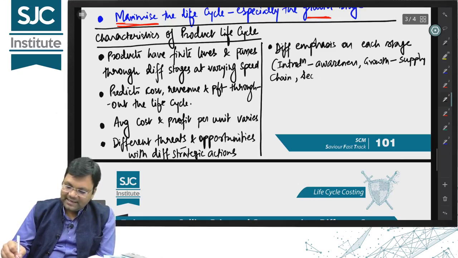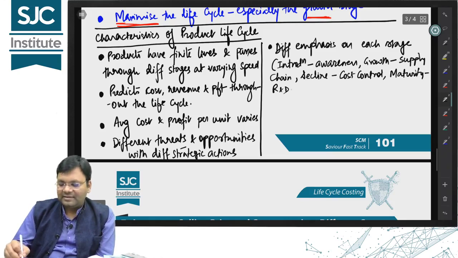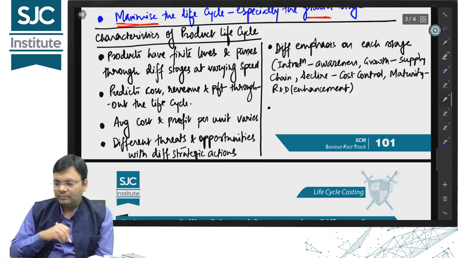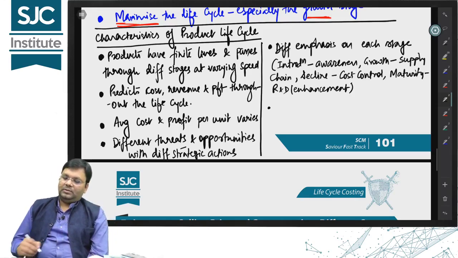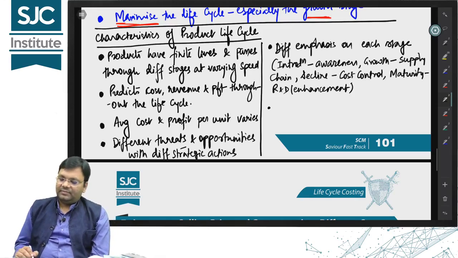Emphasis in decline phase is cost control. Emphasis on maturity phase is your R&D, feature enhancement. Okay, so each stage can have different emphasis.